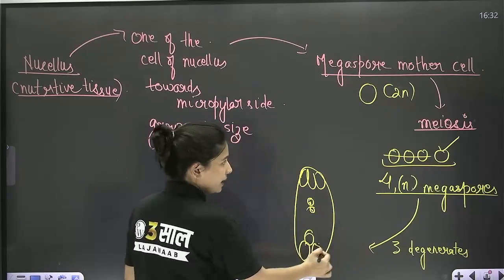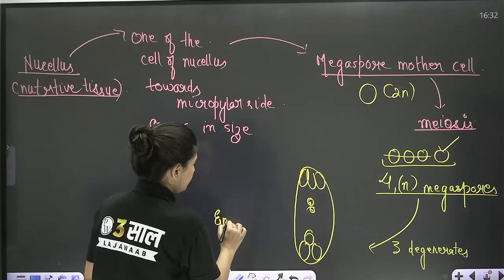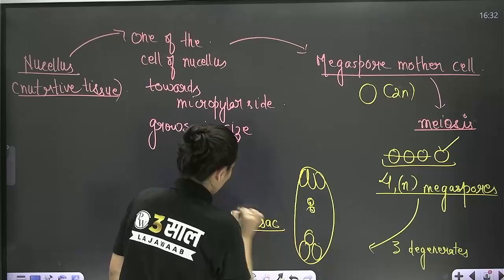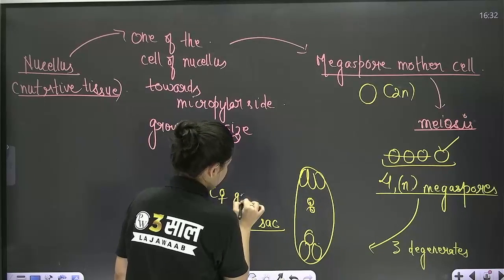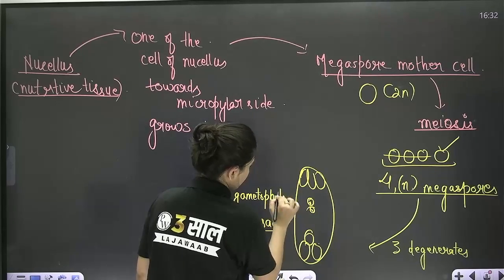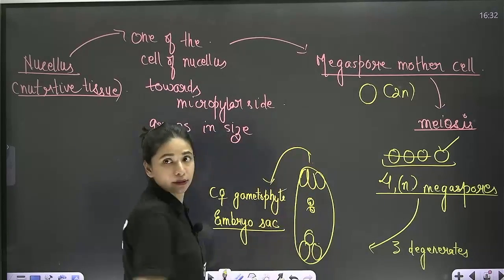So this one megaspore develops into the female gametophyte. This is the female gametophyte. Correct?